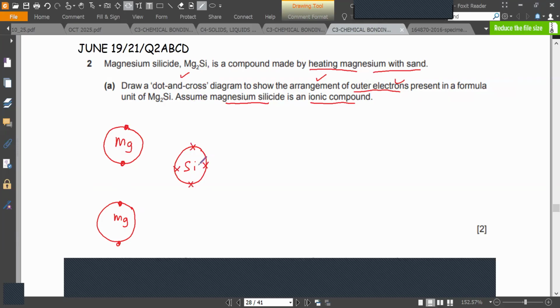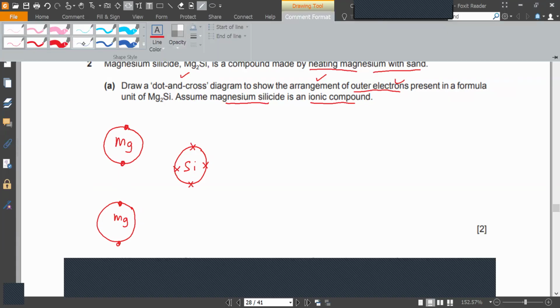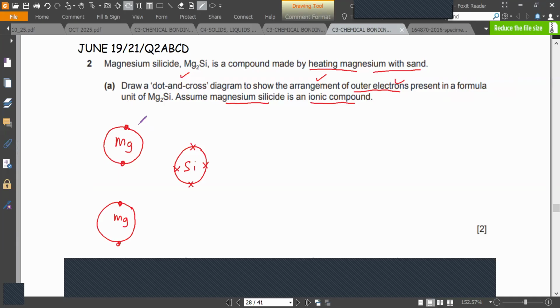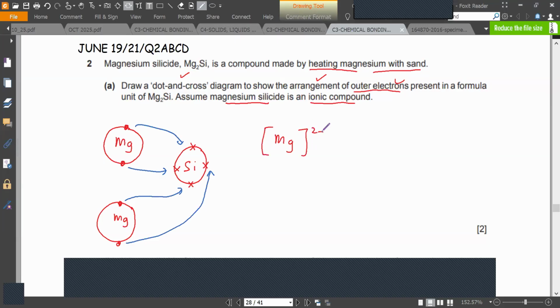To form the octet, magnesium will lose the 2 outer electrons. This other magnesium will also lose its 2 outer electrons. So we end up with magnesium having lost the outer electrons and forming 2 plus.